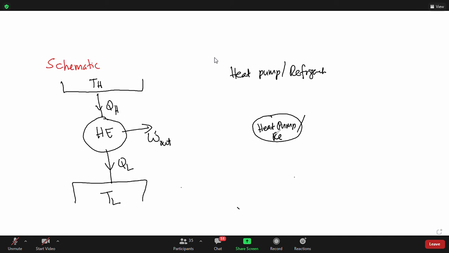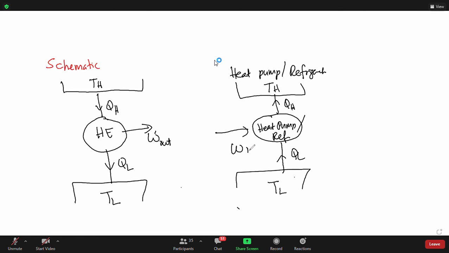So the refrigerator or heat pump will take heat from the low temperature and transfer heat to a high temperature. And it requires work in. So you must be able to draw this schematic. If you still don't know, go home and practice.